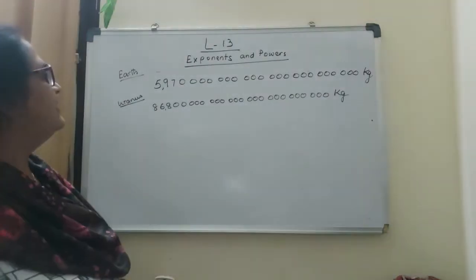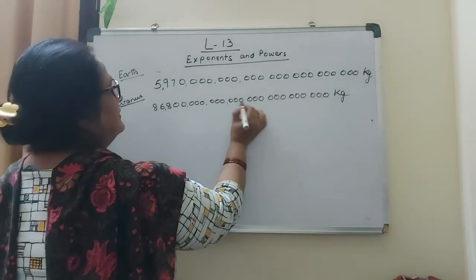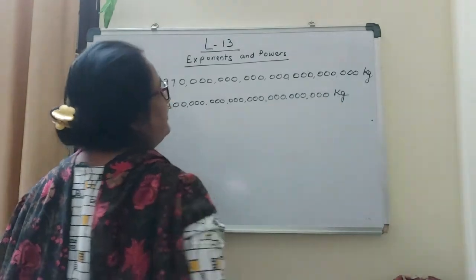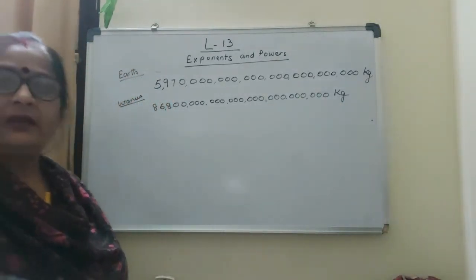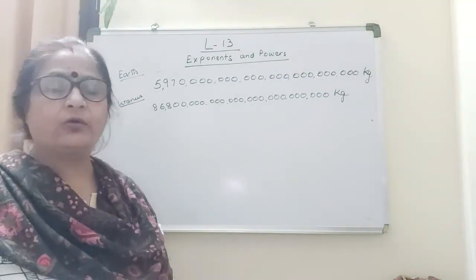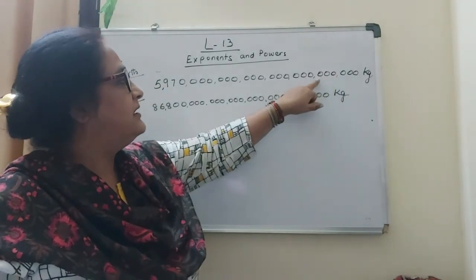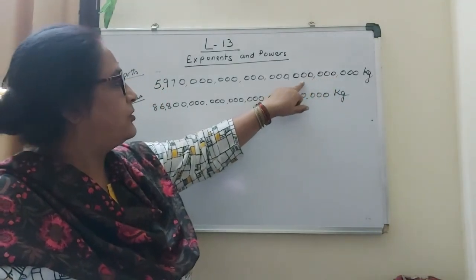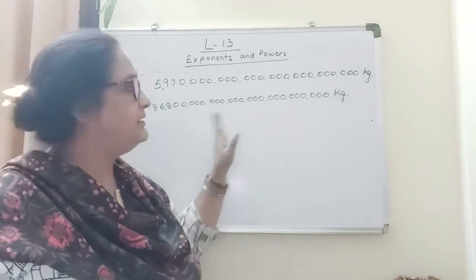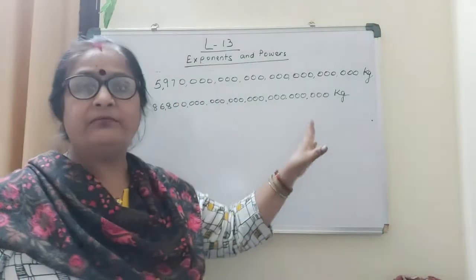I have this. Now, every time we are going to have 3 commas, keeping it in the international system. Now tell me, can I read this number? I can read till a crore. Units, tens, hundreds, thousand, 10,000, lakh, 10 lakhs, crores, 10 crores. After that, it's difficult to read. Same with this number also. Very difficult to read. They are very large numbers.